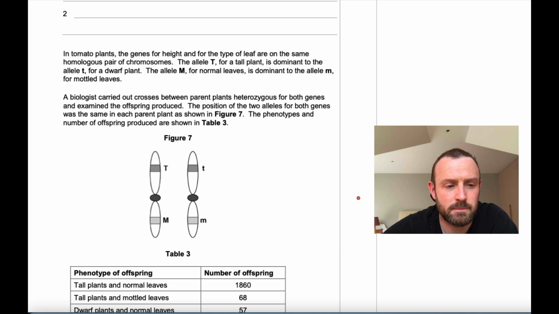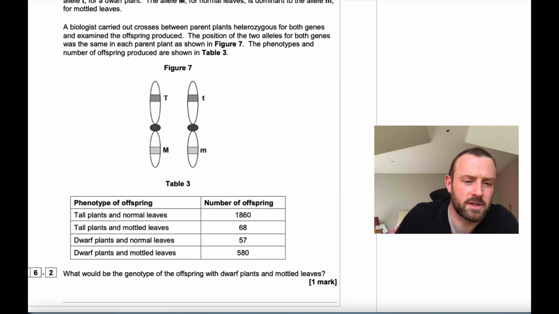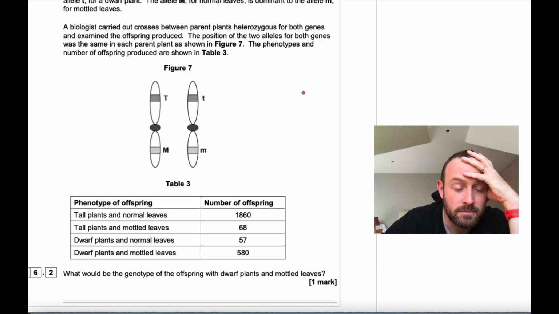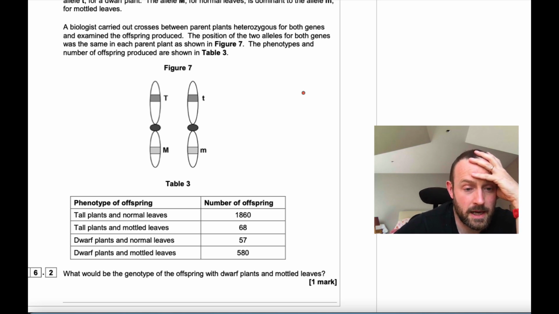The position of the 2 alleles for both genes was the same in each parent plant, as shown in figure 5.7. Okay, so we start with both dominant alleles on the one chromosome and both recessive alleles on the other chromosome. Okay, so both parent plants are like this.